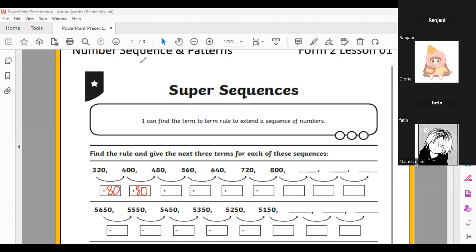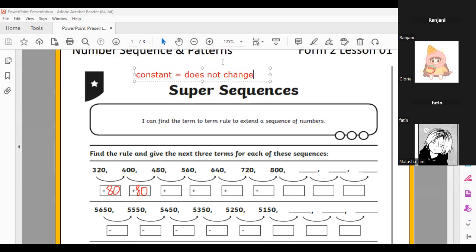You learn this word: constant. Constant means it does not change. 80, 80, 80, forever 80. Got it? The pattern is constant.